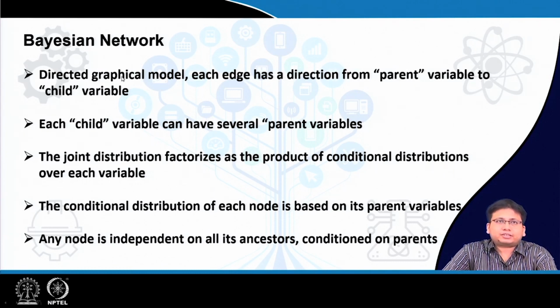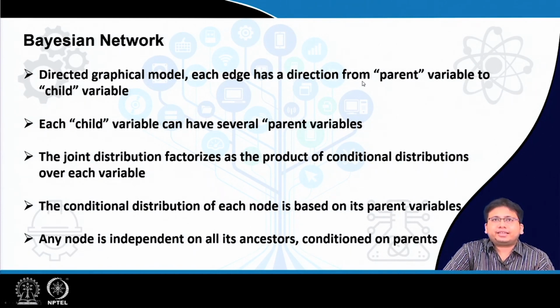Broadly they can be divided into two categories: the directed graphical models and the undirected graphical models. The directed graphical models are sometimes also known as Bayesian networks. As the name suggests, here each edge has a direction.